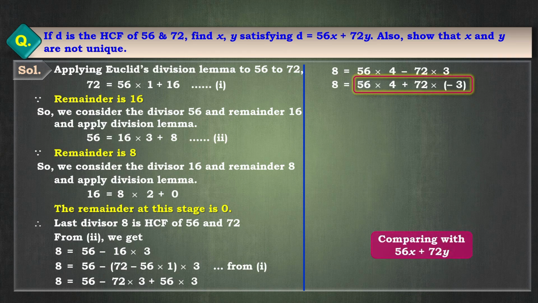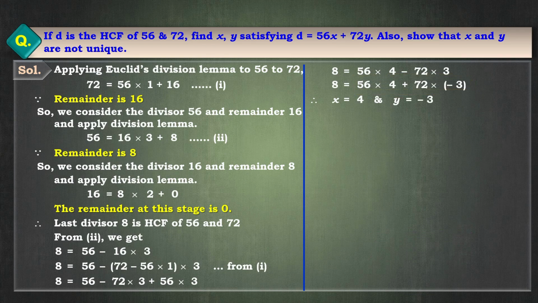If we compare this with 56x plus 72y, x will become 4 and y will be minus 3. Okay, so x is 4 and y is minus 3. So what we can see is that x and y are not unique. Now we got one value of x and y. Now we have to check that there can be other values also.